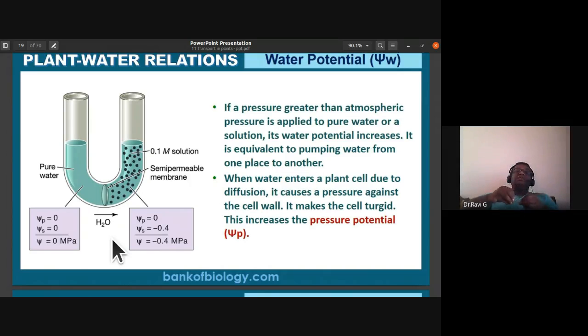Now the wall has a pressure equal and opposite to the turgor pressure, and we call that wall pressure. So when pressure is applied on the cell wall because of turgidity, this increases the pressure potential, so that increases the water potential.